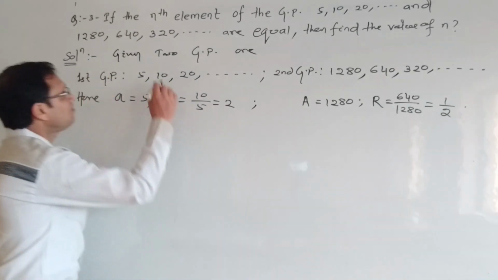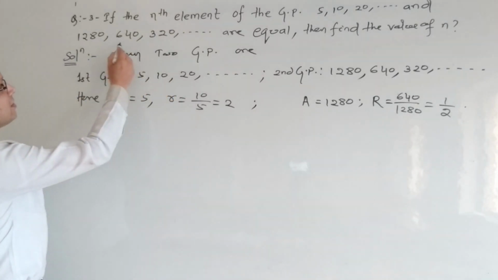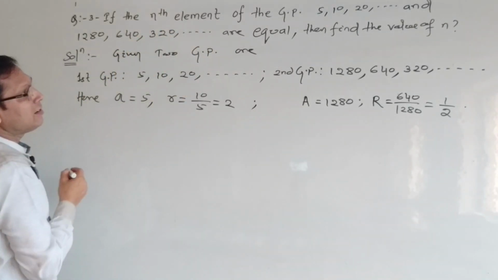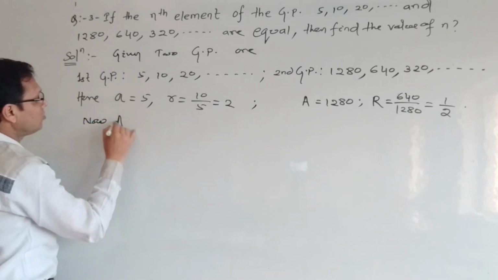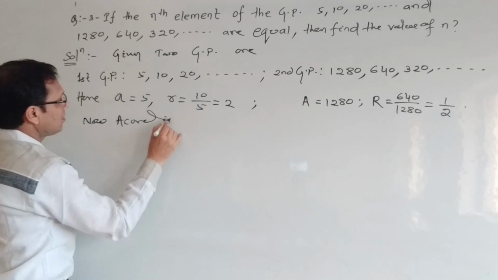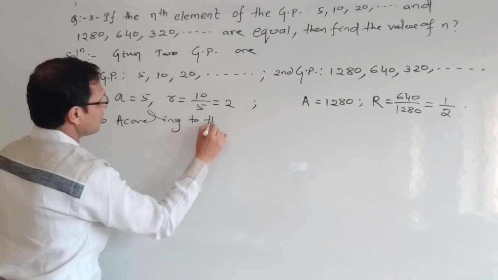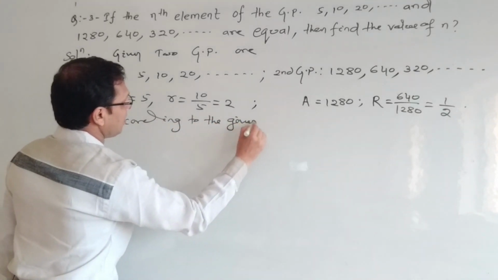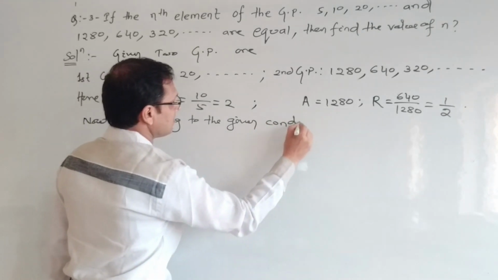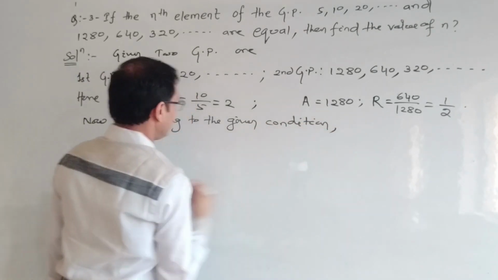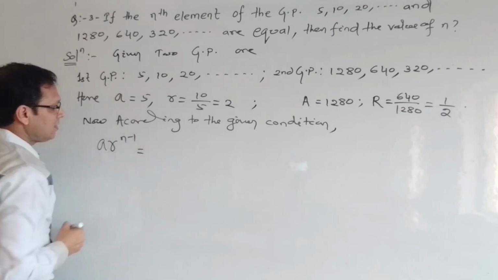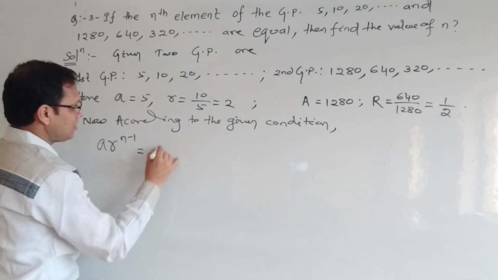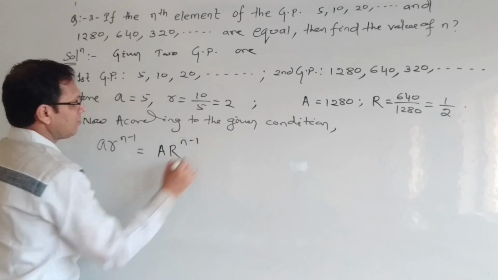Now we'll take the given condition. Their nth elements are equal. According to the given condition, you can write a r to the power n minus 1 is equal to capital A capital R to the power n minus 1.